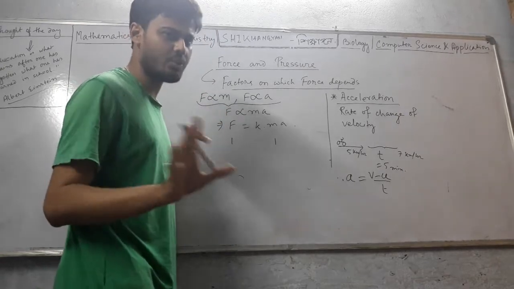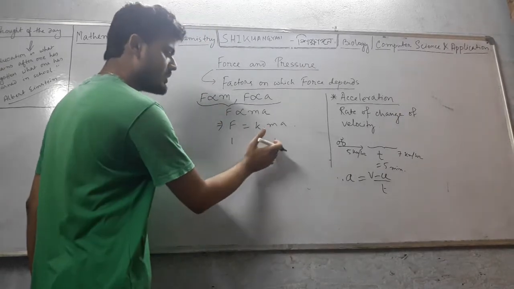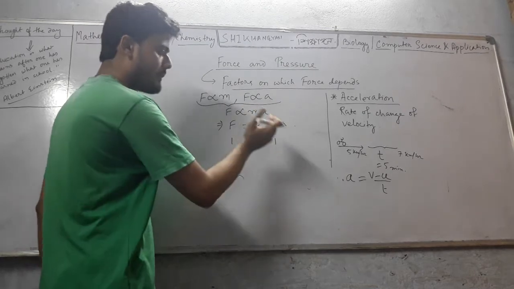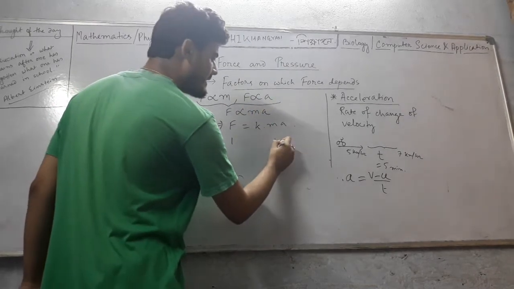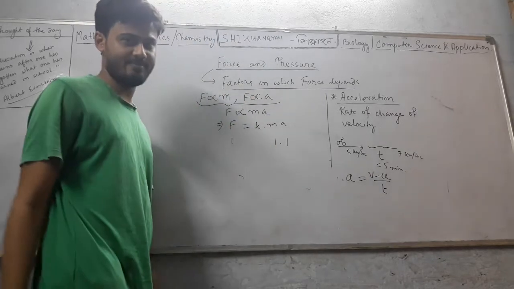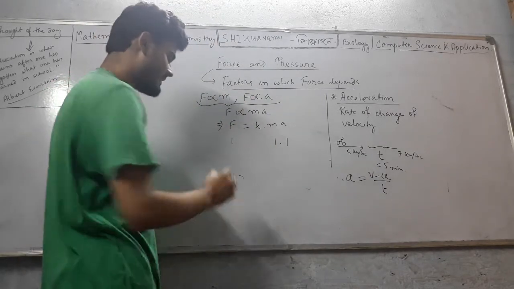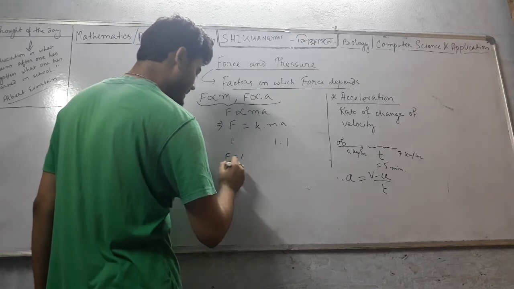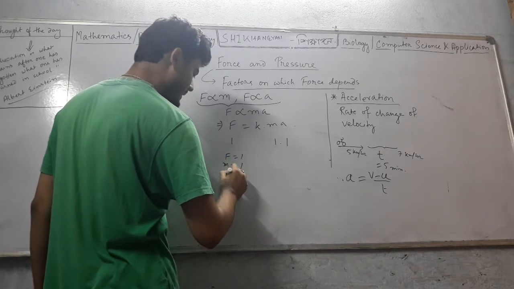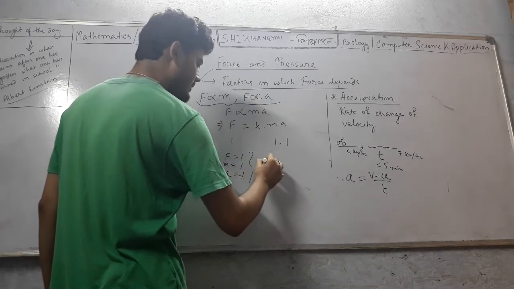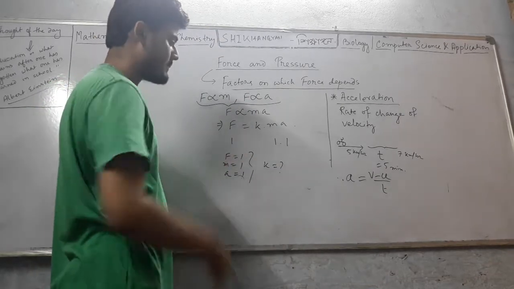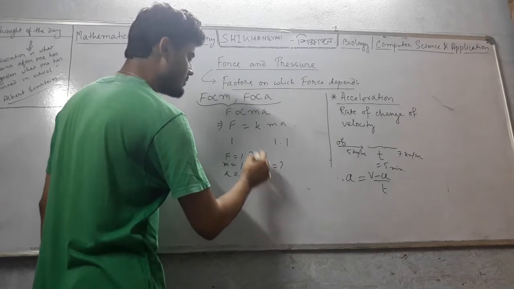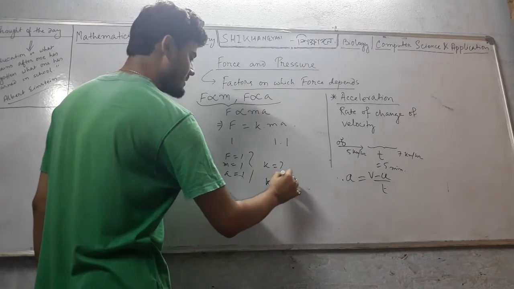SI, CGS we don't need to bother about. That means F equals to 1, M equals to 1, A equals to 1. What will be the value of K?